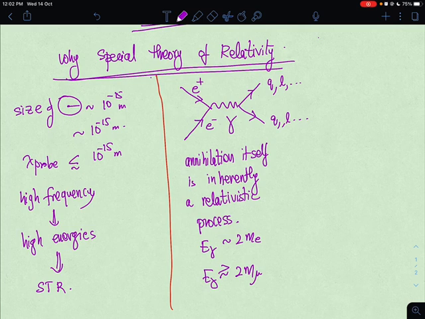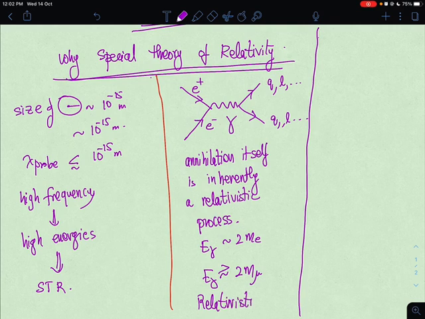That means, as we'll see, that their velocity is very high, so they are extremely relativistic. So it is important that inherently all the processes which we are considering are essentially relativistic processes.